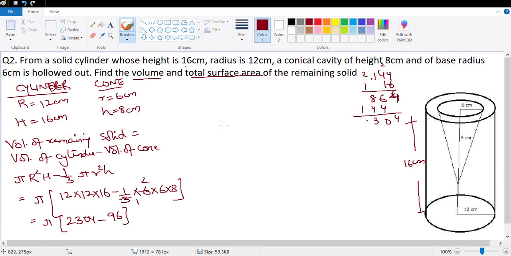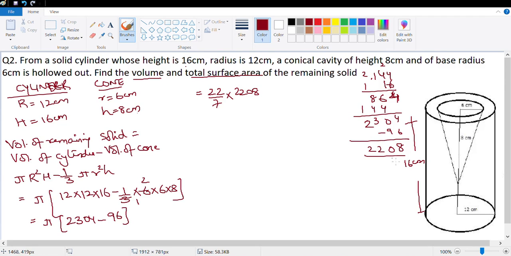So remaining volume would be 22 upon 7 multiplied with 2304 minus 96. Let's subtract. 14 minus 6 is 8. 9 minus 9 is 0. That's 2. This is 2, multiplied with 2208. Now again we'll have to multiply and divide.